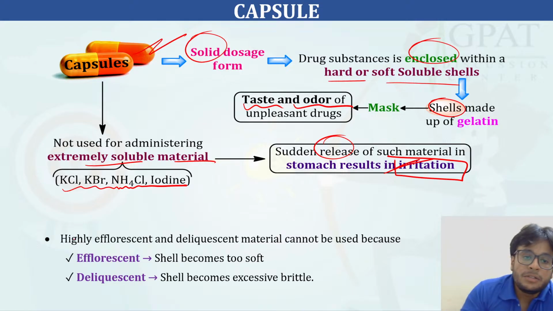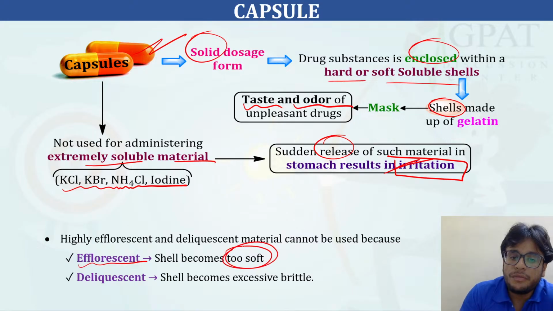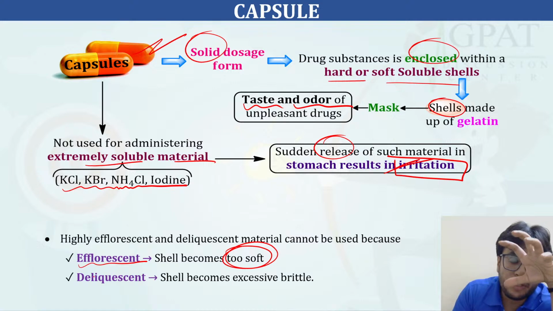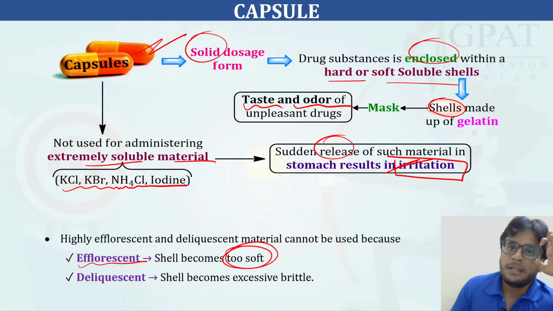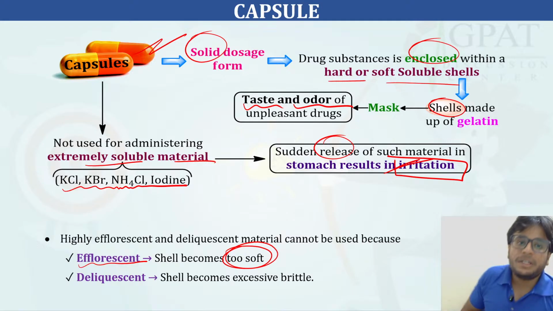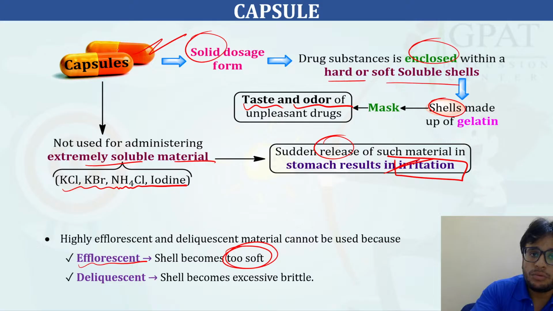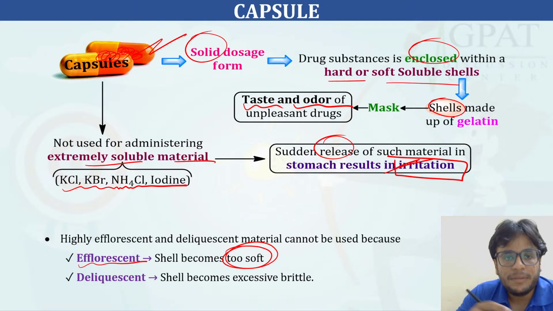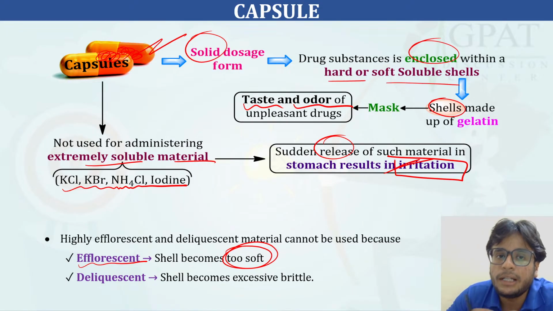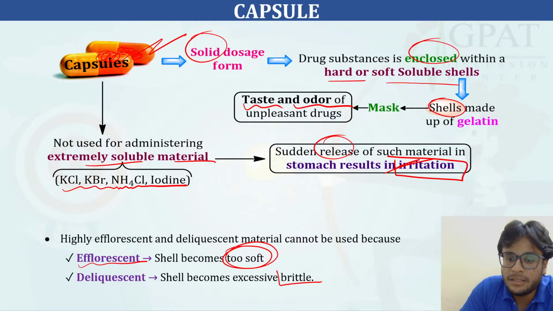Yeah. So there are two conditions. If we are using highly effervescent material, the capsular shell will become soft. But if we are using a deliquescent material, which is a kind of material that absorbs a higher amount of moisture till it liquefies, then if the material present inside the capsule absorbs a higher amount of moisture, it will soak out all the moisture from the capsular shell and make the capsular shell brittle.